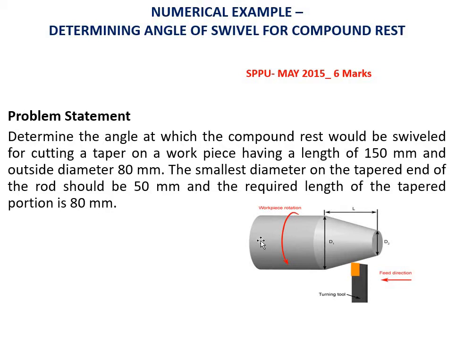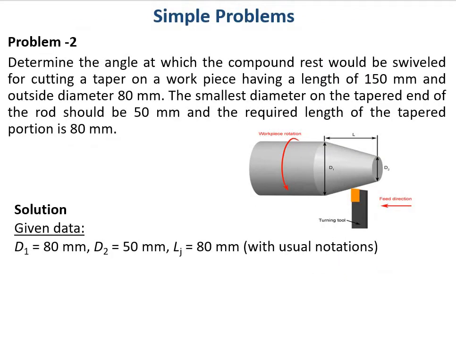Here two types of lengths have been given. The total length of the workpiece is 150 mm, out of which we want to taper turn 80 mm. That is important. So let's see what has been given in this problem. The given data suggests D1, let's say, the higher diameter is 80 mm, and the lower diameter on the other end is 50 mm.